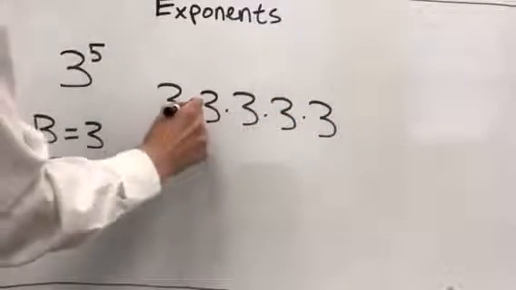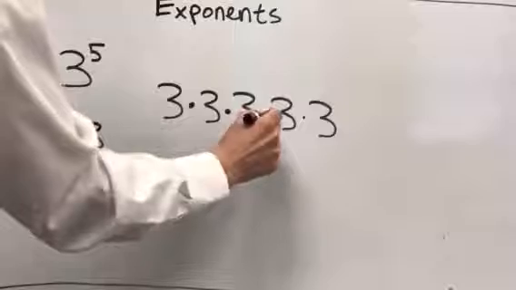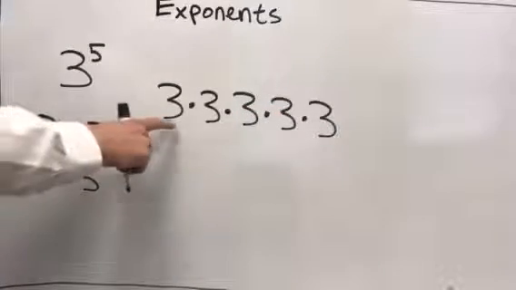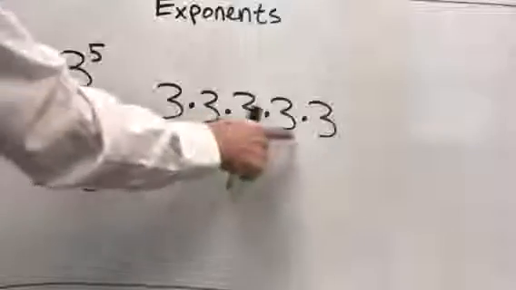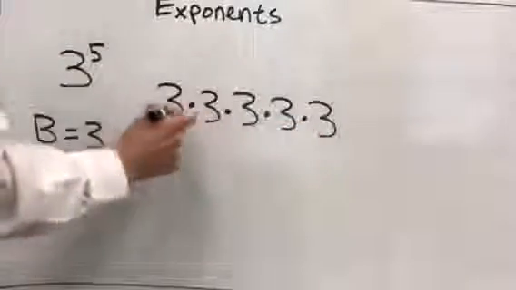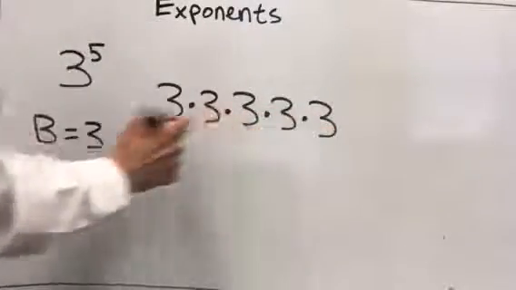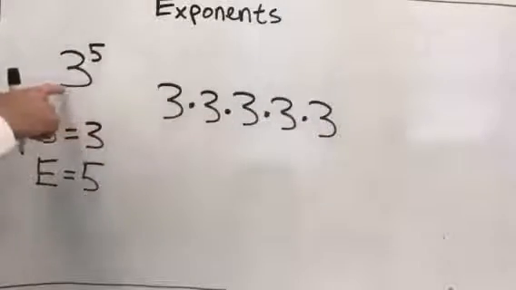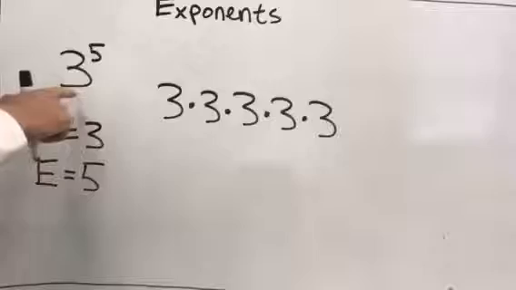And I'm writing these dots in here to represent multiplication. So here we're representing 3 times itself 5 times. 1, 2, 3, 4, 5. This is the expanded version of what this expression is.